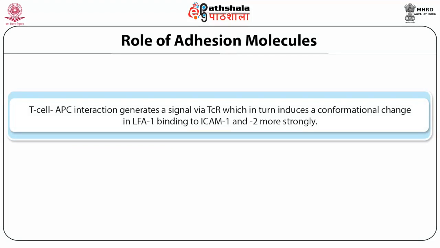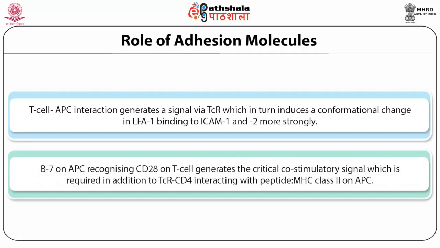T cell APC interaction generates a signal via TCR, which in turn induces a conformational change in LFA1, binding to ICAM1 and 2 more strongly. B7 on APC recognizing CD28 on T cell generates the critical co-stimulatory signal, which is required in addition to TCR and CD4 interacting with peptide MHC class 2 on APC.